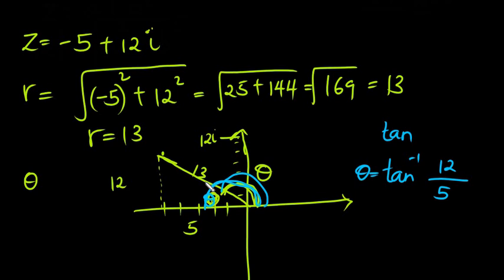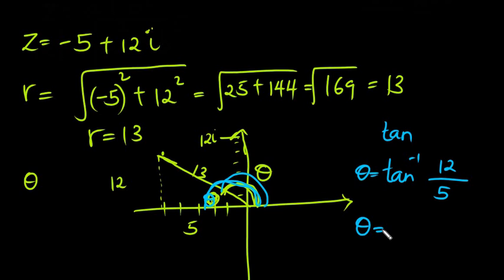For this one, it is in the second quadrant. So I prefer that we ignore the negative sign and just use it to determine in which quadrant the complex number is. So go ahead and pick up your calculators and find the value of theta.